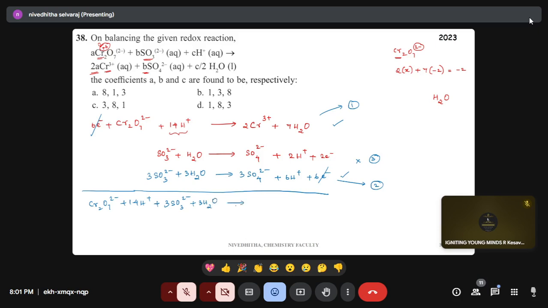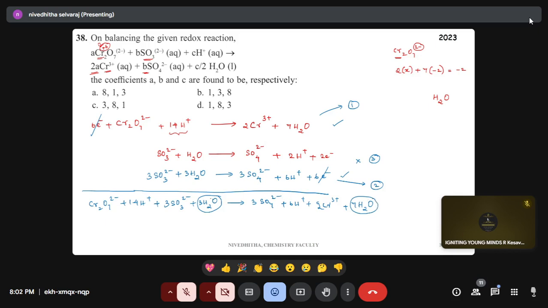And on the product side, I have 3 times SO4 2 minus, 6 times H plus, 2 times Cr, that is chromium 3 plus, and 7 times H2O. Still we have a few common terms, right? Here we have 3 H2O and here we have 7 H2O.